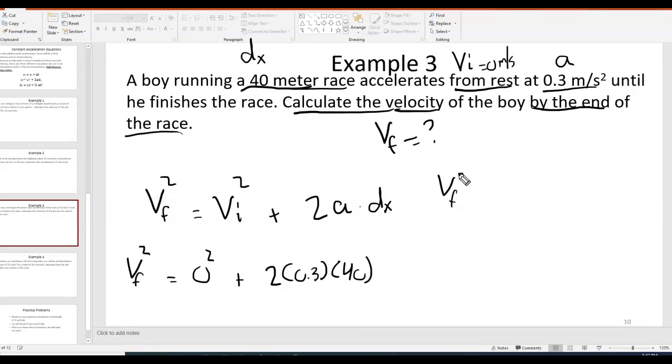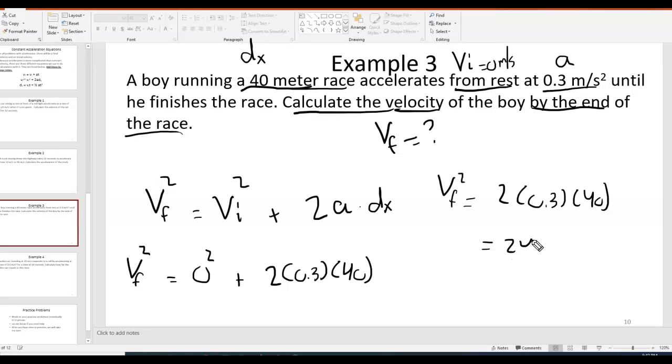Vf squared equals 0 squared, which is just 0. So I'm not even going to bother writing this 0 squared down because it doesn't really matter. So Vf squared is basically just equal to 2 times 0.3 times 40. Now if I just multiply these numbers, I get 24.